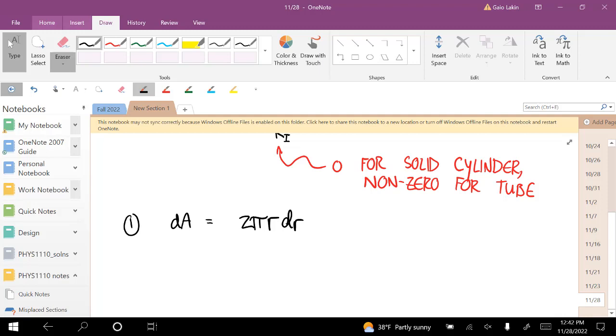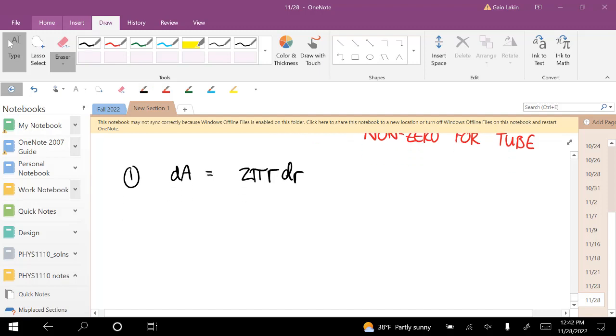But what we want to figure out is how much of the normal force this is. Well, notice that the fraction of the normal force is the same as the fraction of this area to the total area. So you can think of it as d normal force is equal to 2 pi r dr over the total area, which is pi big R squared, times n.